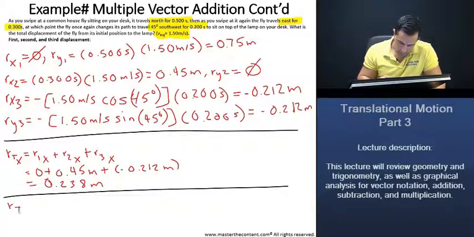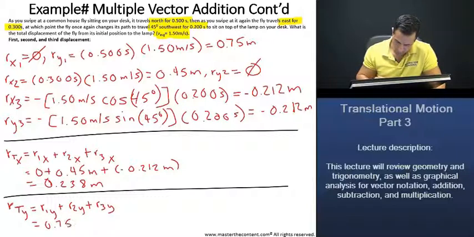Now, let's also find the vector sum of the y components. The vector sum for the y components is going to be just our three y components, and they were 0.75 meters, plus 0, and lastly, I believe we had negative 0.212 meters.